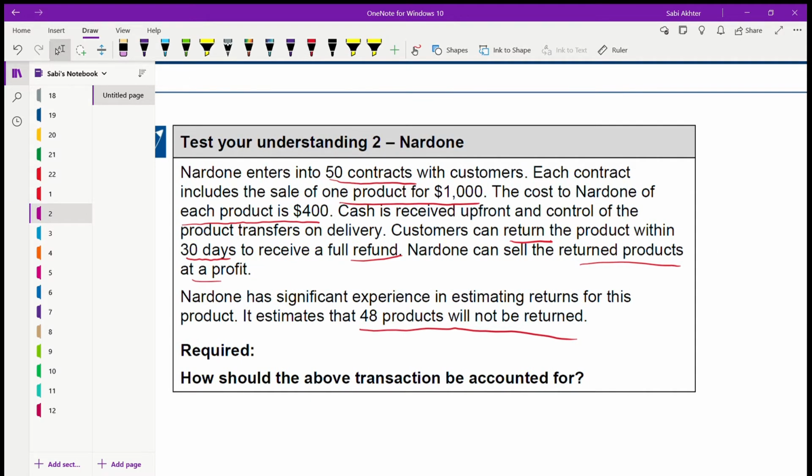You see, they have entered into 50 contracts, right? And 48 will not be returned. That means 2 will be returned, right? So 2 into 1,000.